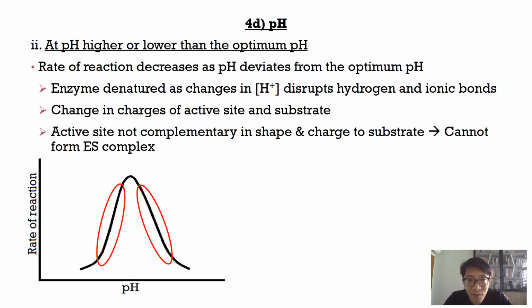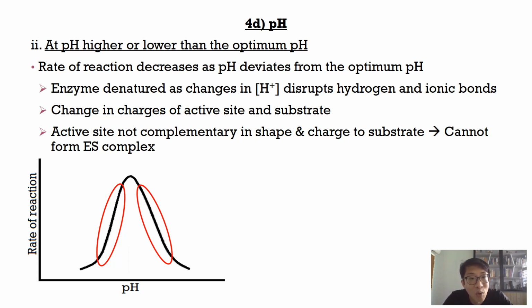Besides the change in the shape of the active site, for certain substrates which are charged, the enzyme should have a complementary charge at the active site. The change in the concentration of H+ as the pH changes would also cause a change in the charges of the active site and the substrate.